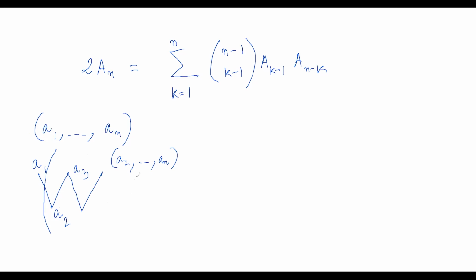So it's an up down sequence. And how many such up down sequences are there? A n minus 1, because this length is n minus 1. And so since when k is 1, this will be a n minus 1, and a k minus 1, that is a0, will be initialized as 1.